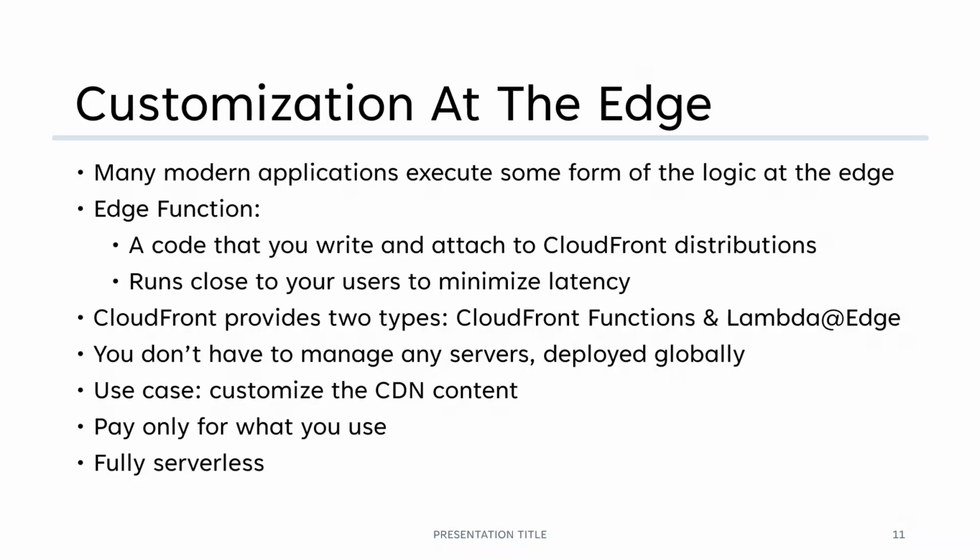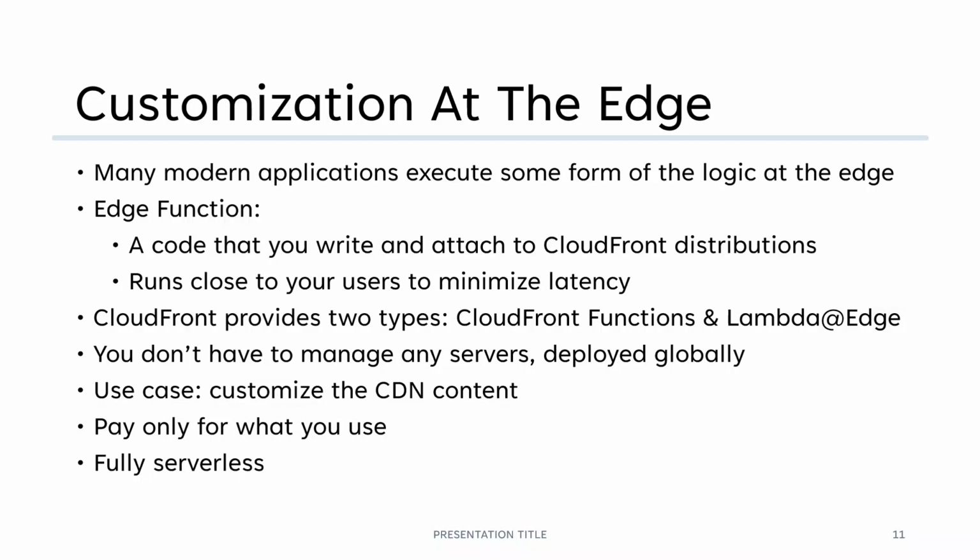For example, I am in India and the nearest edge location is Mumbai. If you have configured edge location caching using CloudFront, the data will be stored at the Mumbai edge location, and the next time I fetch the data, I will get it from that edge location, which will be much faster. Latency will be reduced.